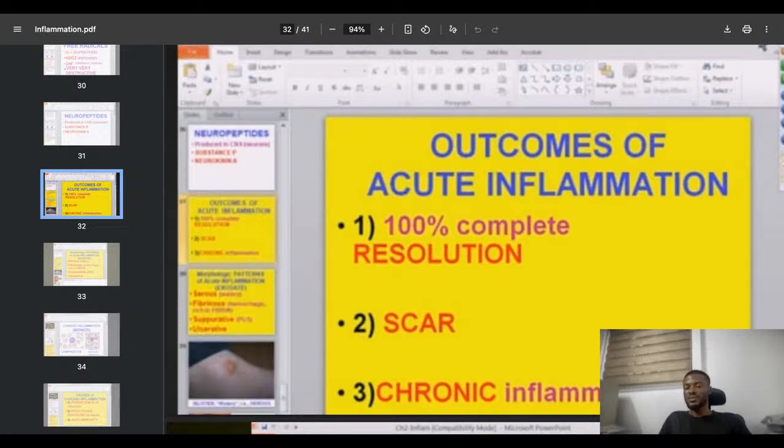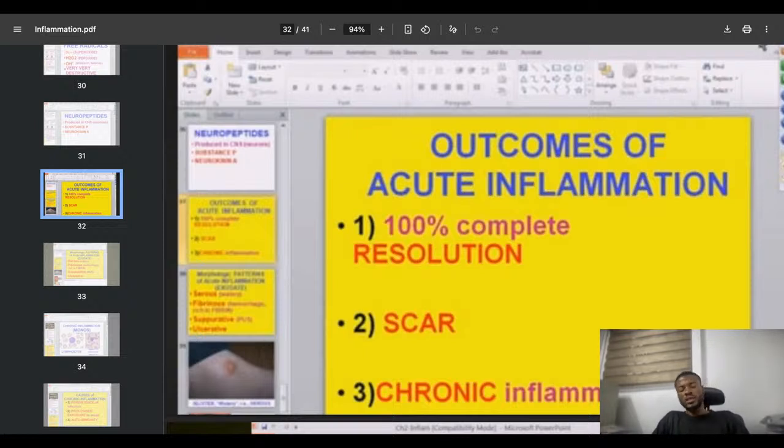We expect that the acute inflammation will result in complete resolution of the inflammatory process, so that the inflammation can come to an end. And then the tissue can regenerate itself. There is going to be replication of cells to replace those cells that died through the inflammatory process, through necrosis.